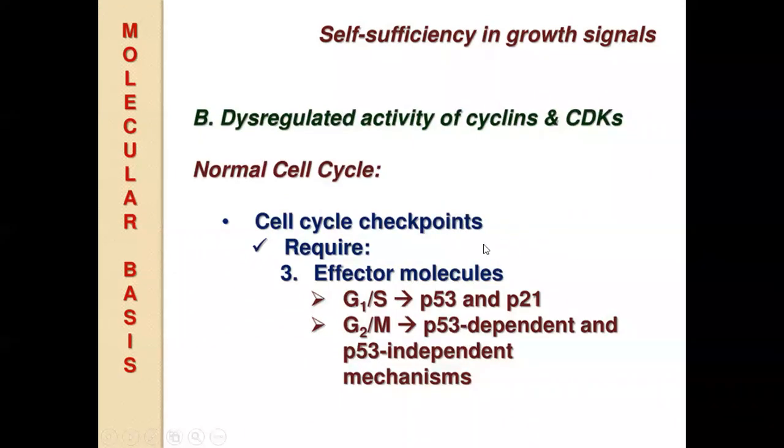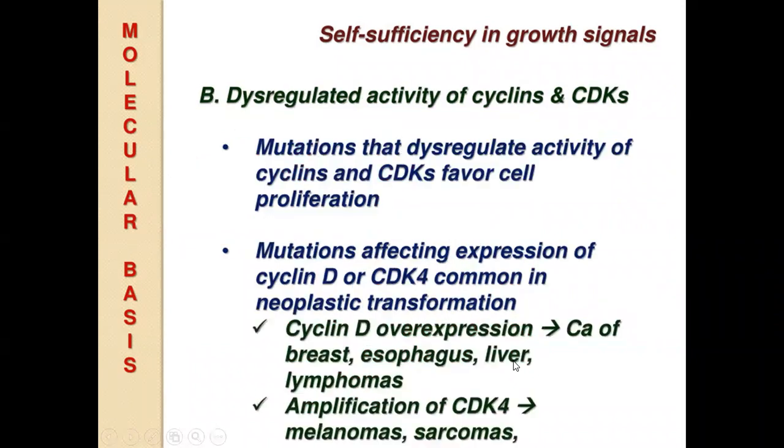Cell cycle checkpoints require effector molecules: from G1 to S phase, P53 and P21, and from G2 to M phase, P53 dependent and P53 independent mechanisms. The mutation that dysregulates the activity of the cyclin and CDKs favors cell proliferation.